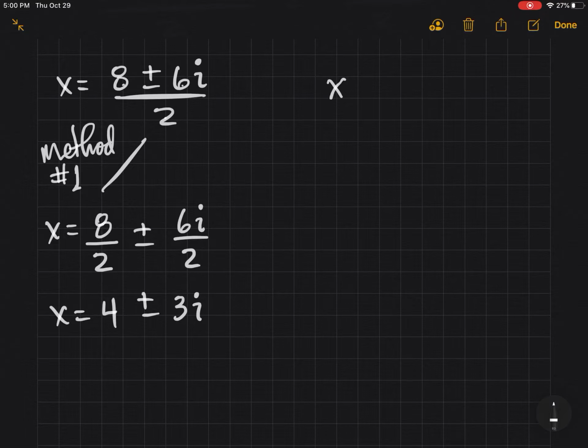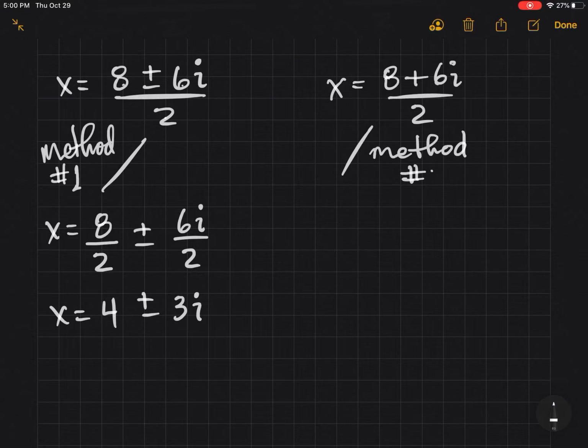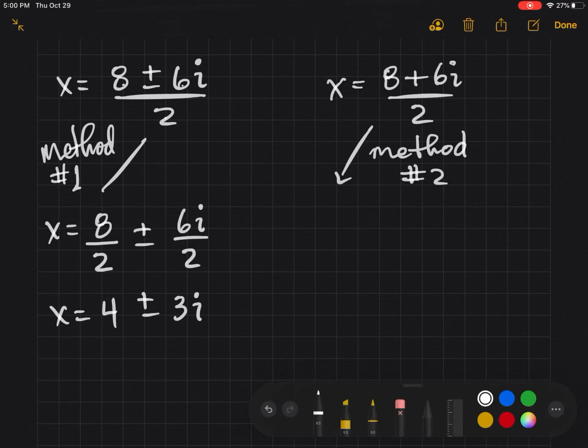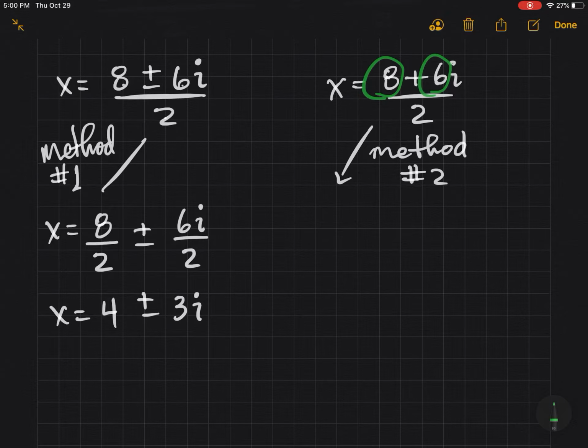Okay, so if you take that same thing, and here's the other method. And so this time, all we really want to do is notice that they all have common factors. Let me change colors here. So notice that all three of these are divisible by 2.